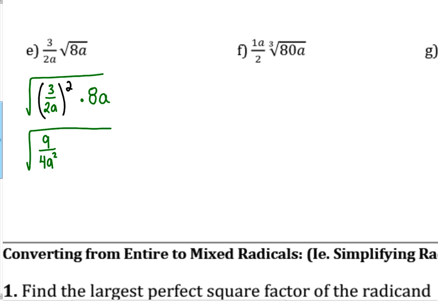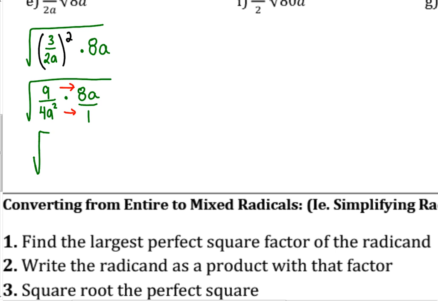Times 8a. 8a is a fraction. How could I write that as a fraction? Over 1. And how do we multiply fractions? Straight across. We'll simplify it after. So it gives me 9 times 8, 72a divided by 4a squared.